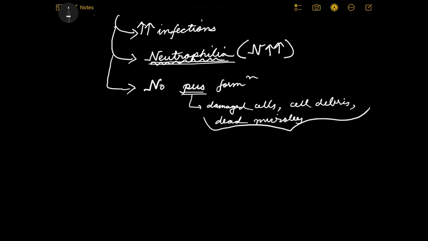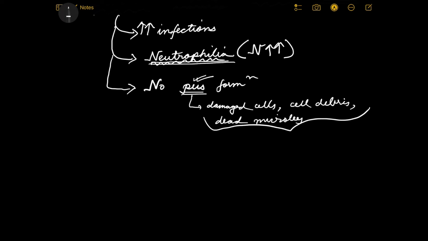The battles have been fought, these are the dead bodies. Here lie the dead bodies of enemies as well as the soldiers of our body. That kind of end product is actually the pus. Okay, and that is why pus is often white, because white blood cells have fought the battles, right? So there is a very high concentration of white blood cells in it. That is why pus is often white.